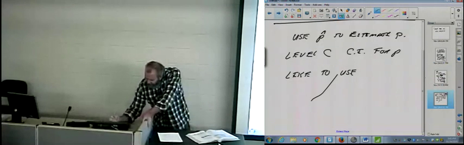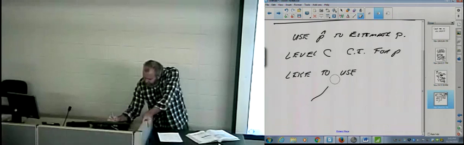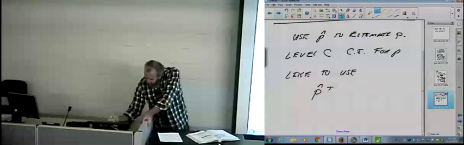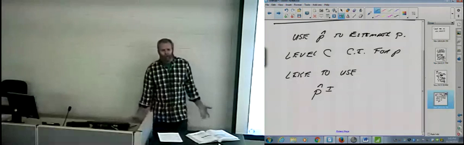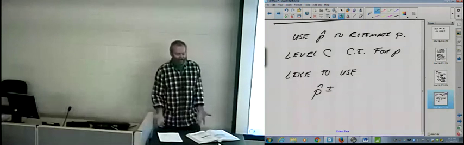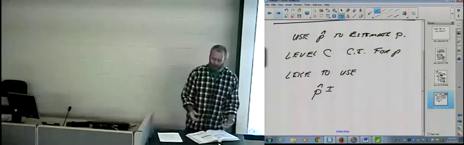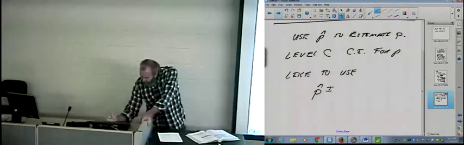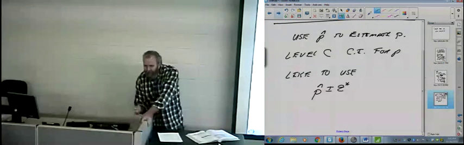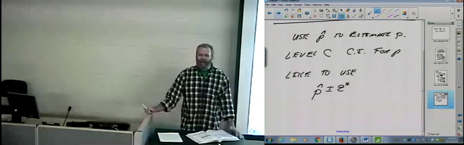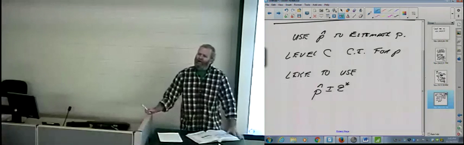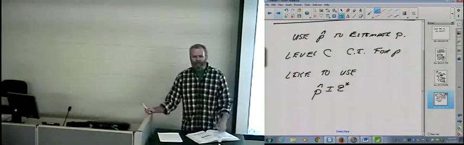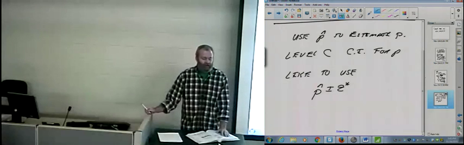I want P hat plus or minus my margin of error. And I want to use exactly the same idea that I used before. I want my little critical value, my little Z star that comes from your confidence level, and that's always multiplied by your standard deviation. Remember that was sigma over the square root of n, the problem you just turned in about the confidence interval?